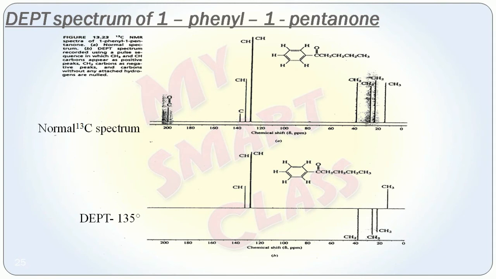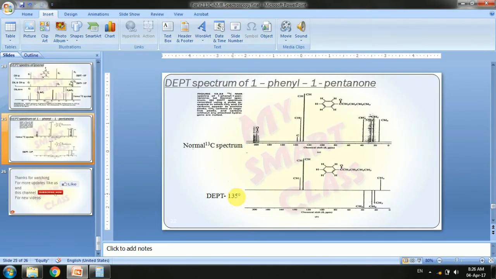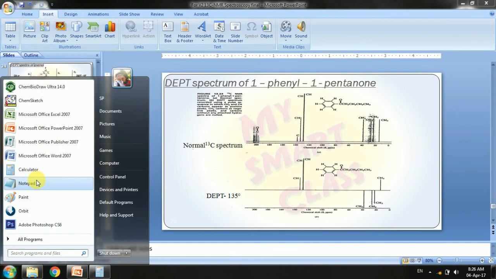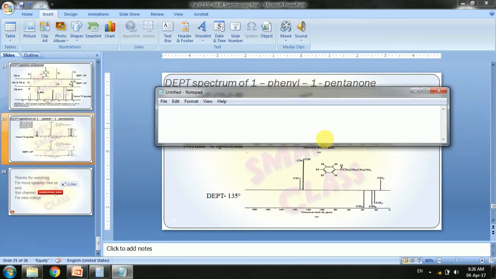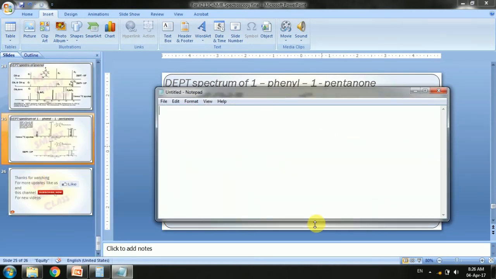Okay, again I am repeating, how can you find out primary, secondary, tertiary and quaternary? I am just going to write it down for your more knowledge.